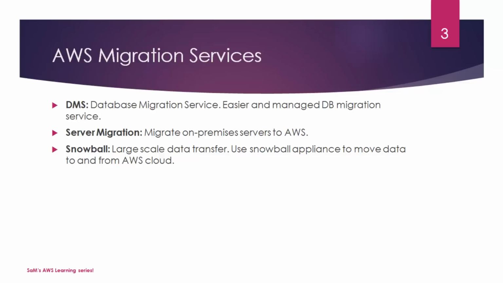You get to move your larger data chunks to AWS, or the existing data from AWS you get to download, or move to your own infrastructure through the Snowball appliance. So essentially it's an appliance which has petabyte scale storage, and you can order it from Amazon. They will send you the Snowball device, wherein you can use it for data transfer.